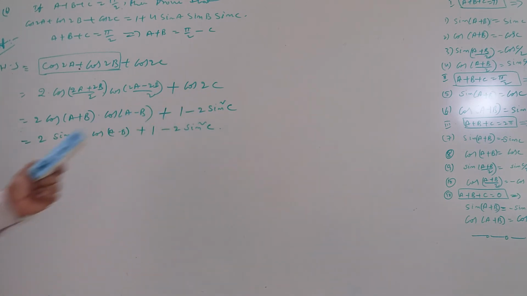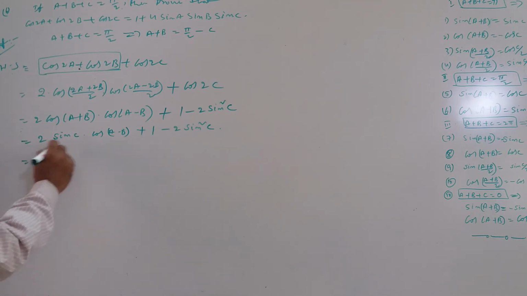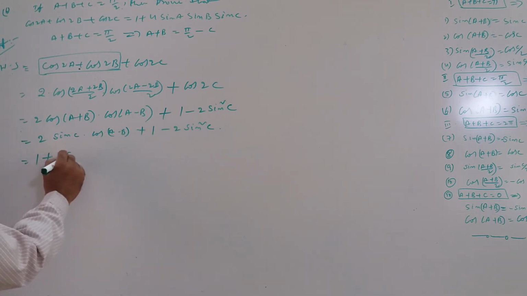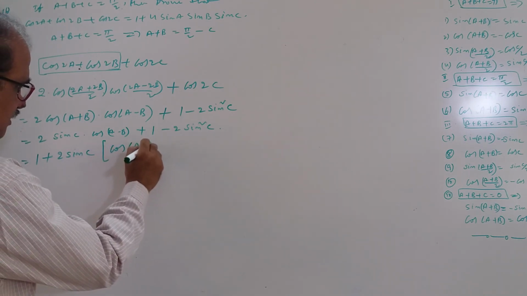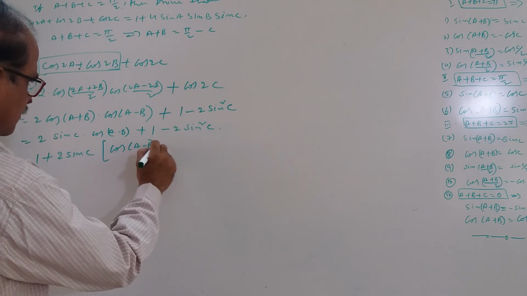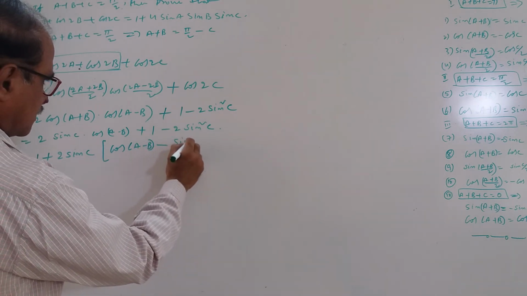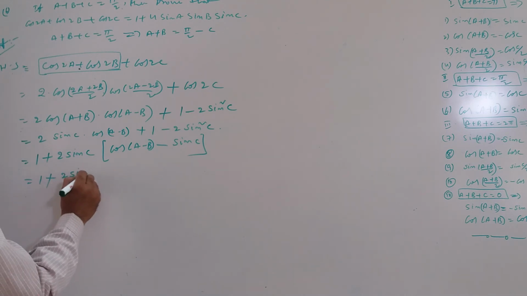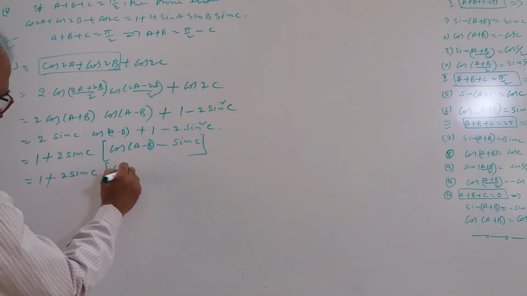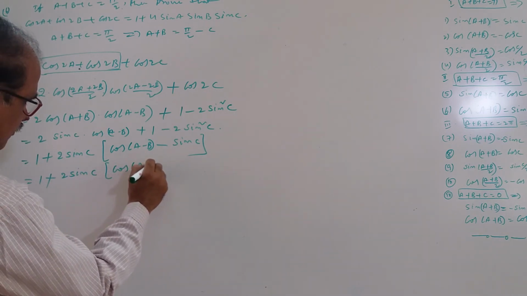If we bring this 1 to the front, 1 plus, in these two terms 2 sin c we can take as common. The remaining part is cos of a minus b minus sin c. This is 1 plus 2 sin c into cos of a minus b minus sin c.